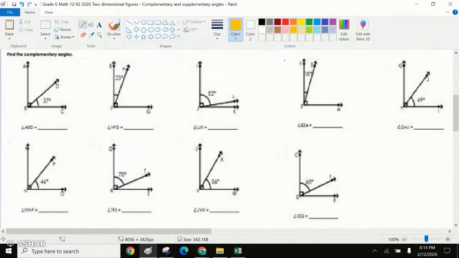Okay, so in this case, question number 10 says, find the complementary. This is A. The angle given is 37. We need to find the complementary angle. So what is the complementary angle?